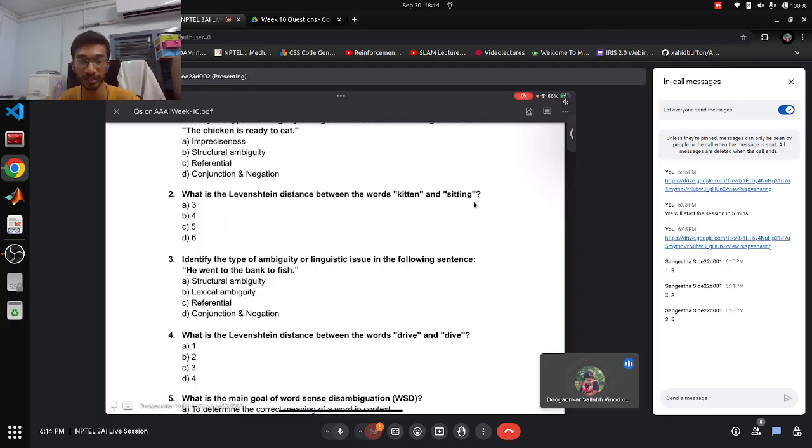Lexical ambiguity means that the same word can be interpreted in multiple different ways. So the NLP model needs to get the proper context and understand the word in that context. So for the third question, the answer is B, lexical ambiguity.